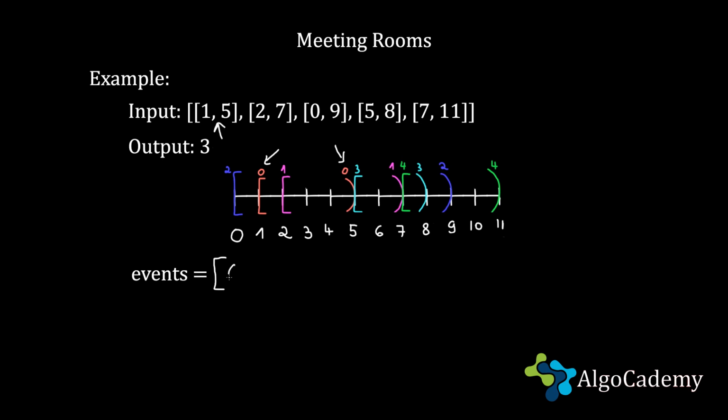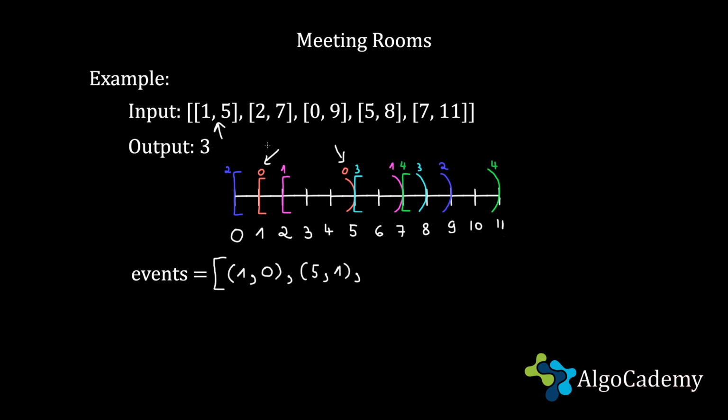What are the events here? Well, we have one event happening at the moment of time 1, and the type of the event will be denoted by 0, so 0 means start of a meeting, and the second event here happens at the moment of time 5 and has the type 1, which means end of the meeting.